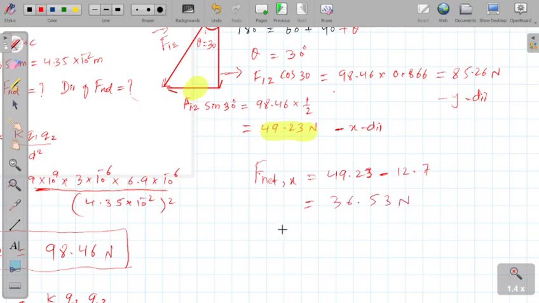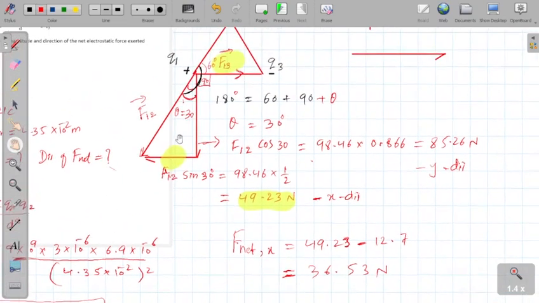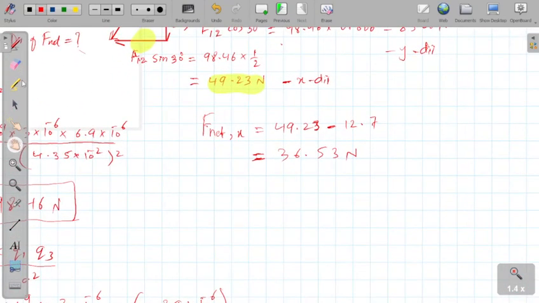What is the direction of this force? This is still along the negative x-axis because this component is greater than F13. It is 49 point something and the other is just 12 point something, so the negative direction will be obvious.